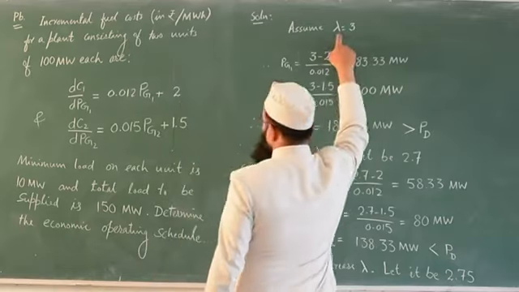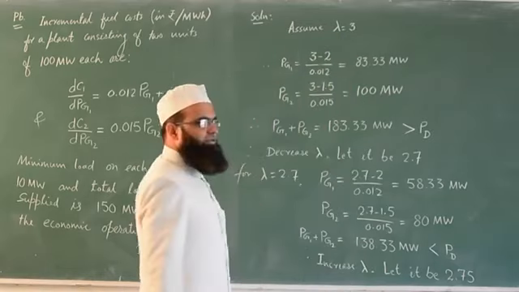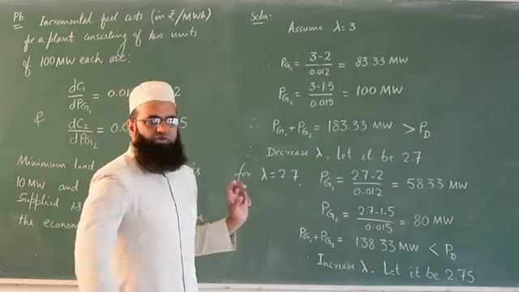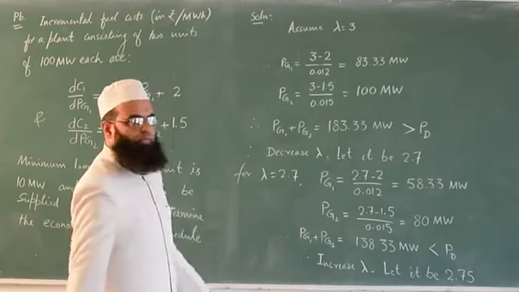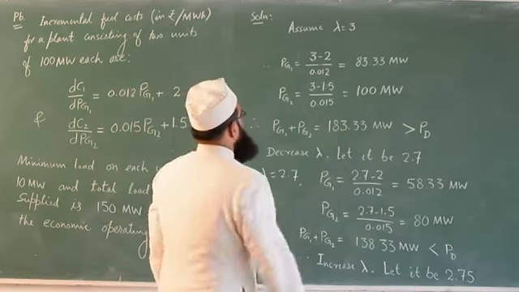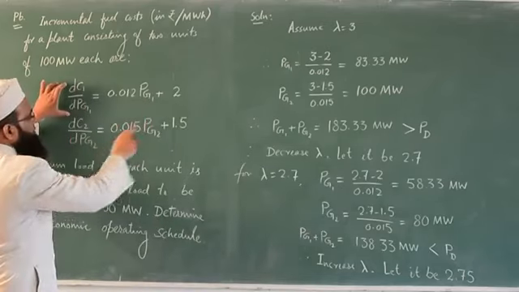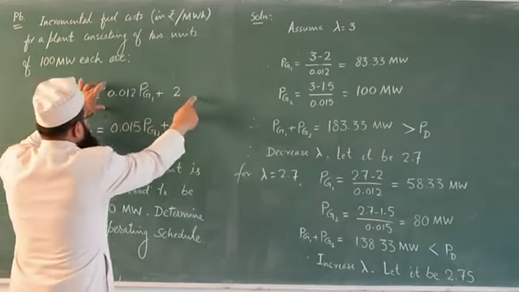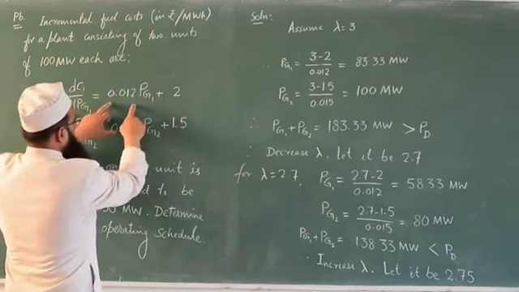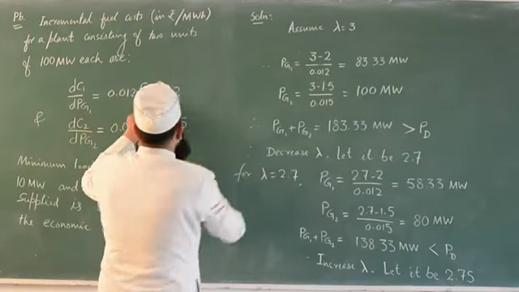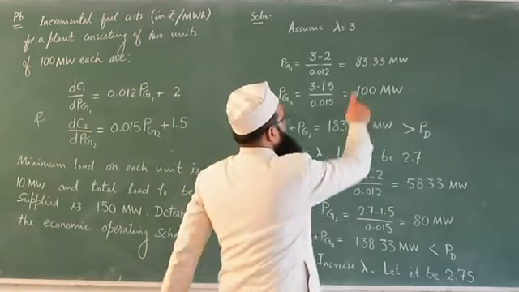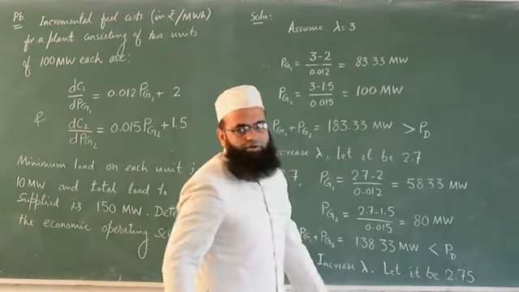Corresponding to this assumed value of lambda, the various PGIs, that is Pg1 and Pg2, in step number 2 of our procedure, will be: Pg1 is 3 minus 2 upon 0.012, which comes out to be 83.33 megawatt.